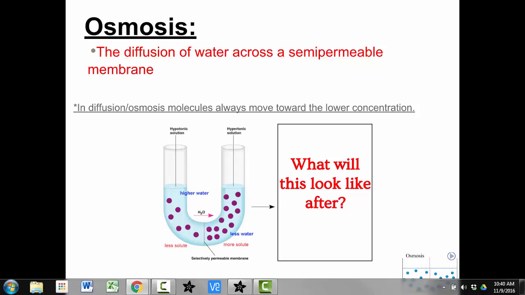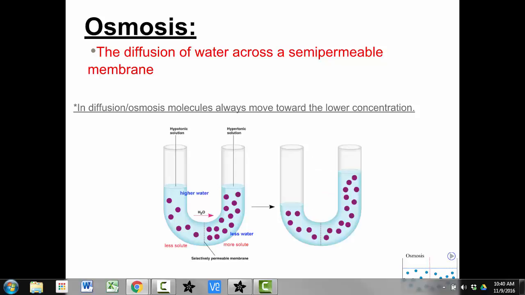How about water? Where is there a higher concentration of water molecules? Avery? On the left. So which way do they want to move? To the right. Okay? From a higher concentration of water to a lower concentration of water. Now, what if water can get through? Then it will move over here. And what would you expect to happen to the water level?